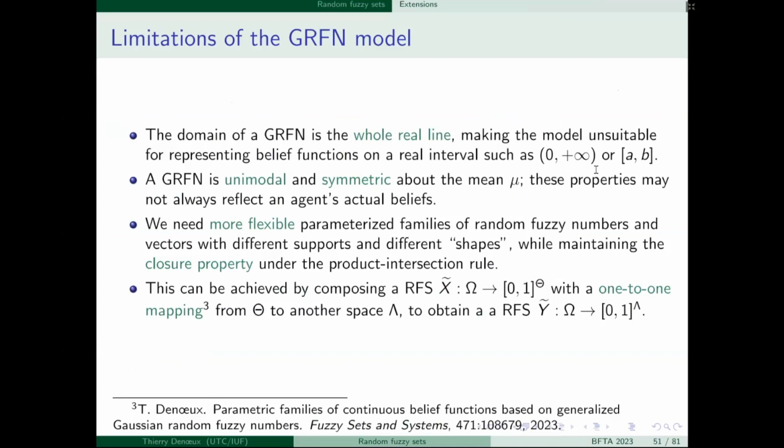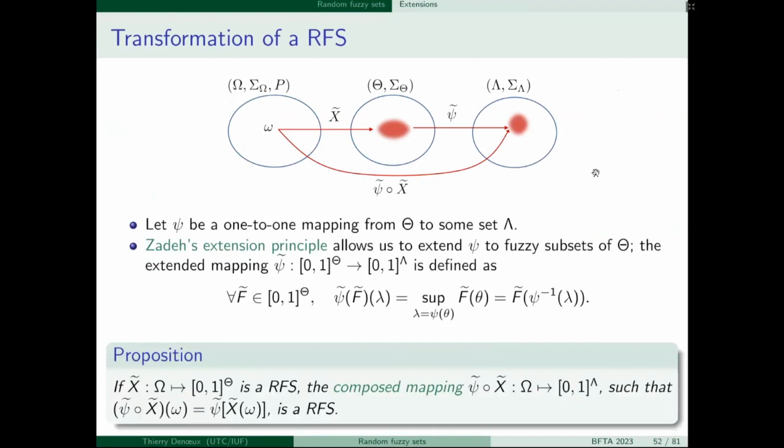Actually we can have this by composing the random fuzzy set with a one-to-one mapping from the set theta to another space, lambda, and we get a new random fuzzy set. This is a recent paper. So this is the idea.